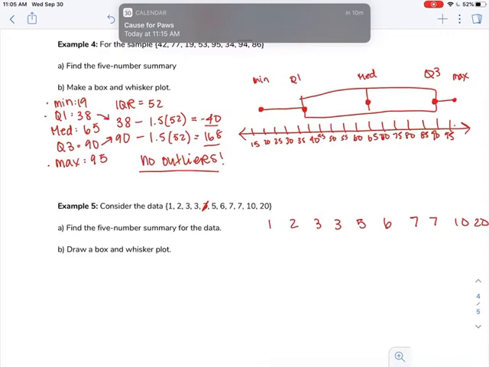So my median is going to be right between 5 and 6, which is 5.5.